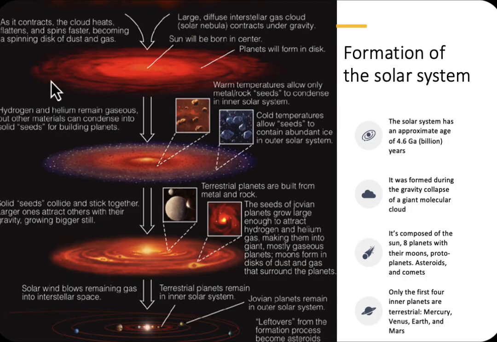So you have this cloud of different elements that basically begins to spin and then collapse on itself, with all of the heavier items going to the center of this molecular cloud. And then eventually, through gravity, different parts of this cloud are going to start to differentiate, and then we're going to have a proto-sun, which is going to have the most mass in this molecular cloud.